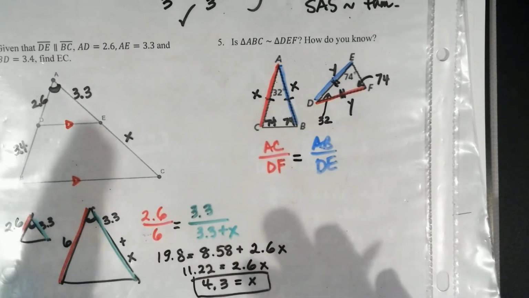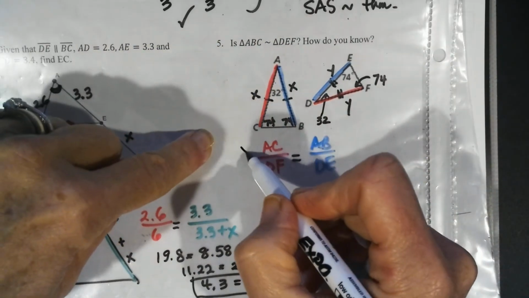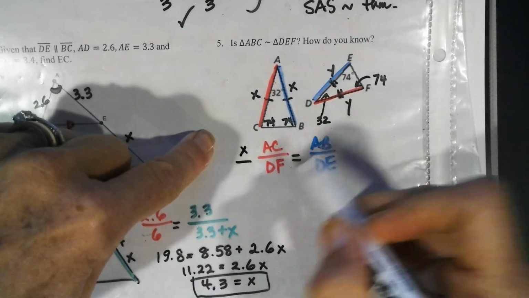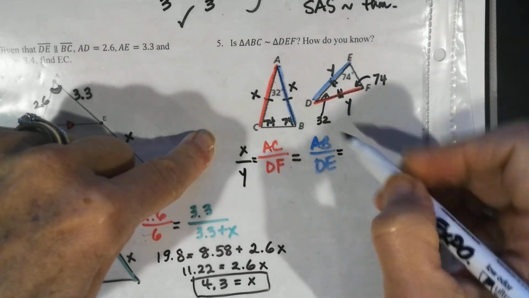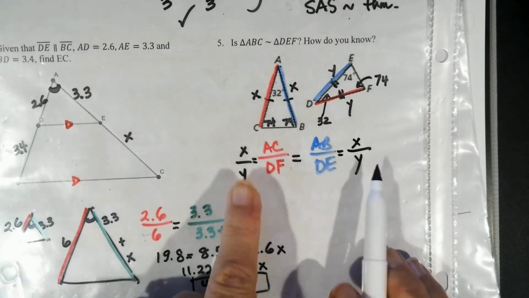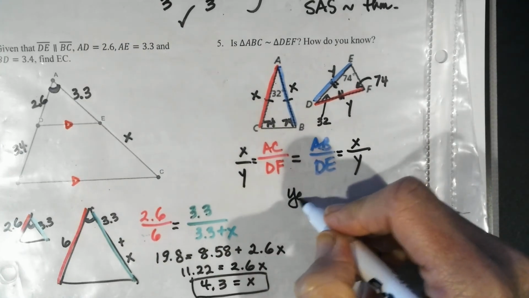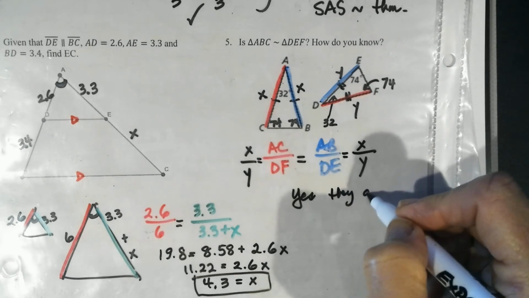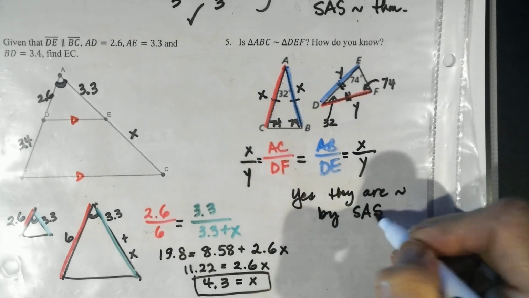Well, if I just plug in x and y, AC is x, DF is y, AB is x, and DE is y. So they're the same. It doesn't matter actually what they are, you just know that they're the same. So yes, they are similar by SAS.